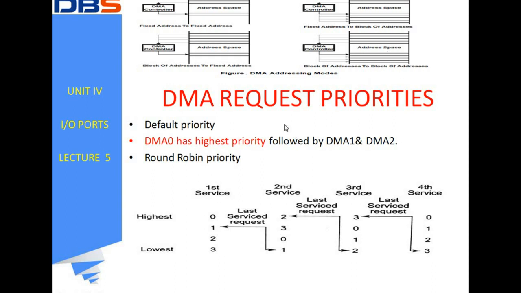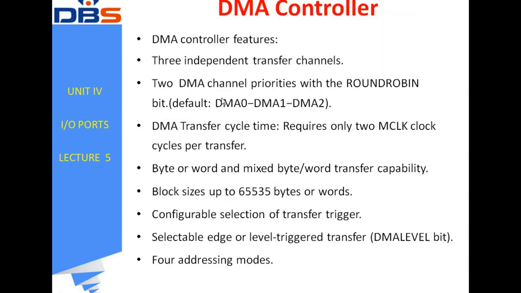So how are we going to give priorities to the requests? The default priority, as we already know, is that NMI has a default priority. In the same sense, we have already seen that we have three channels, that is DMA0, DMA1 and DMA2.